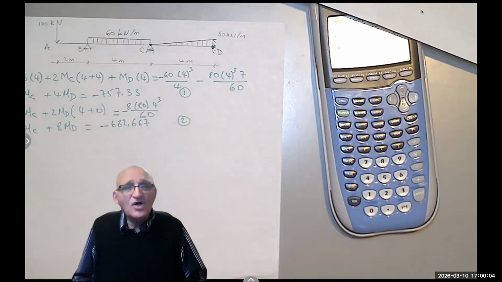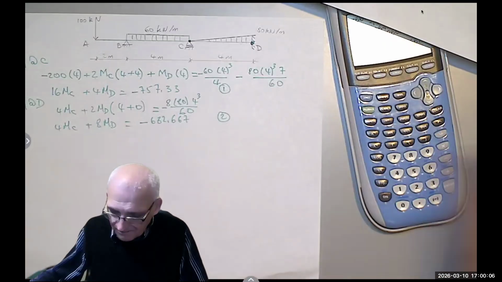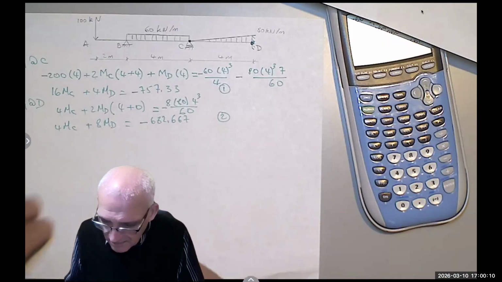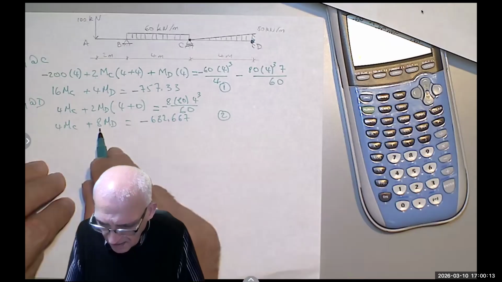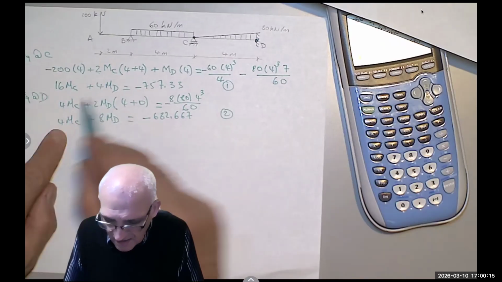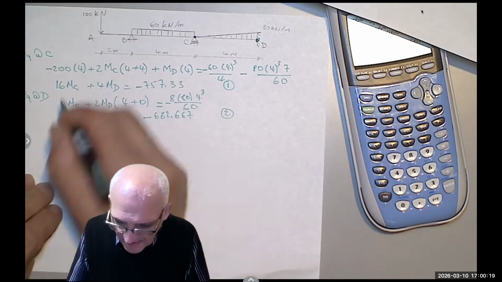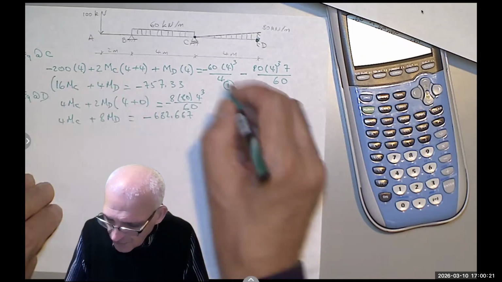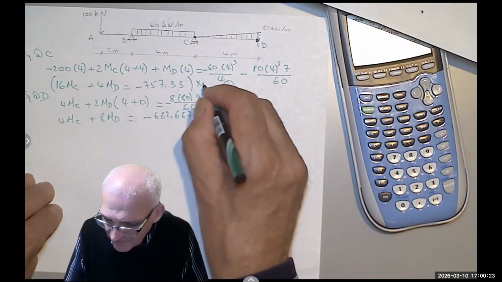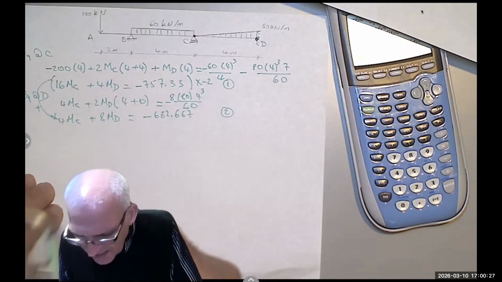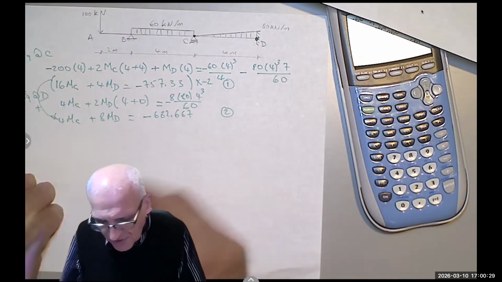We can easily solve them because you see, MD here is multiplied by 4 and here by 8. So maybe I can multiply this equation by -2 and then add it to that. Or just by 2 and subtract it.